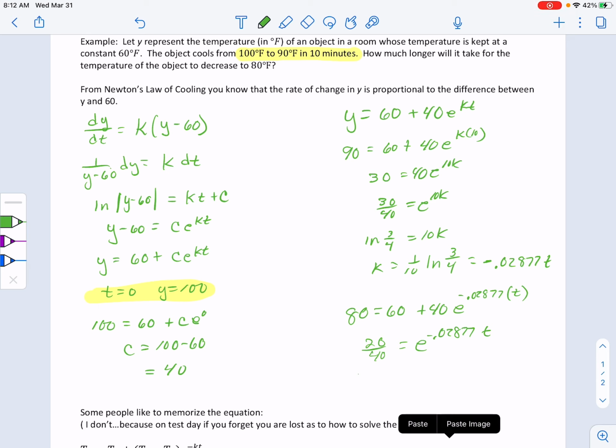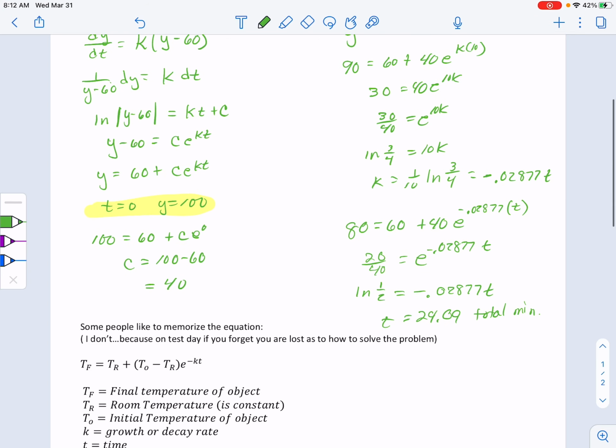So the natural log of 1/2 equals negative 0.02877t. You do the math, and I got t is equal to 24.09 total minutes. But they asked how much longer, so you have to subtract the original 10. So the true answer is 14 minutes longer.